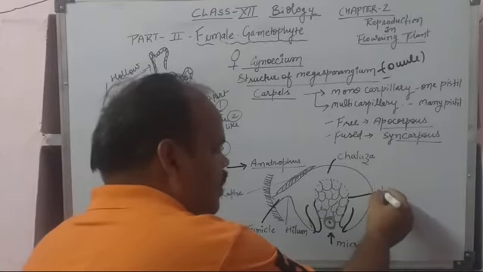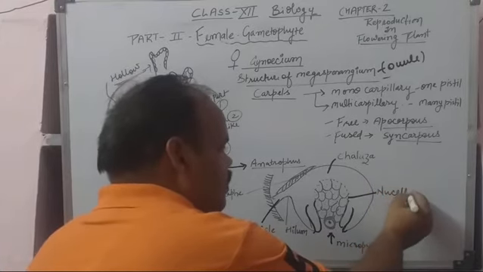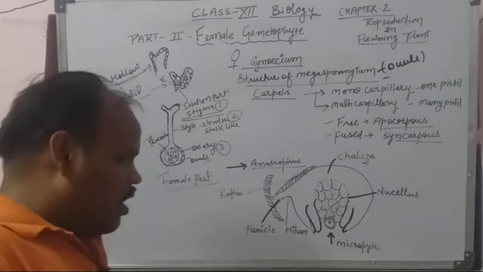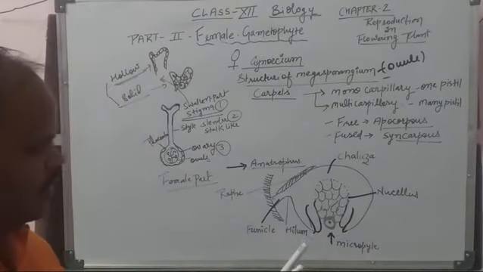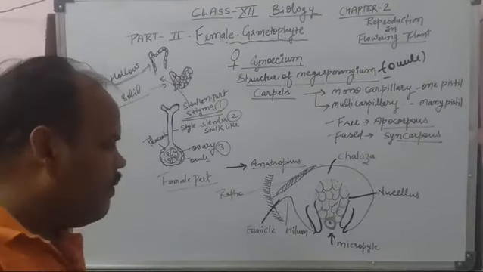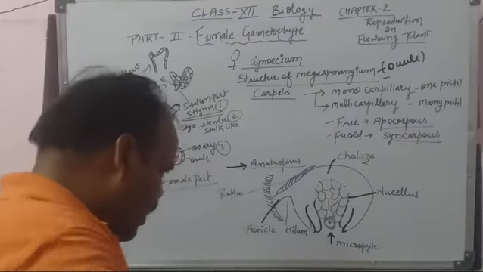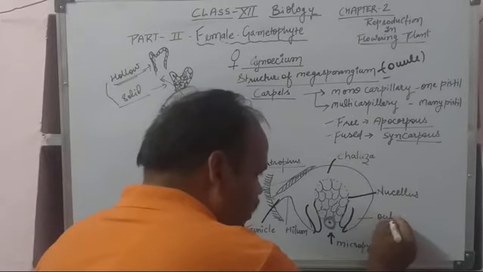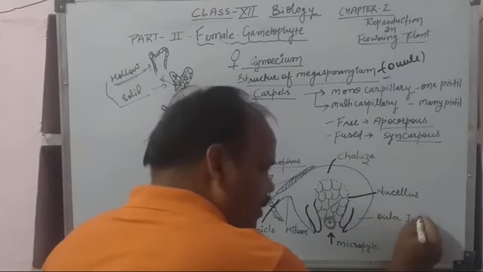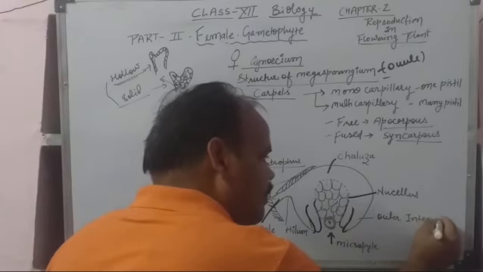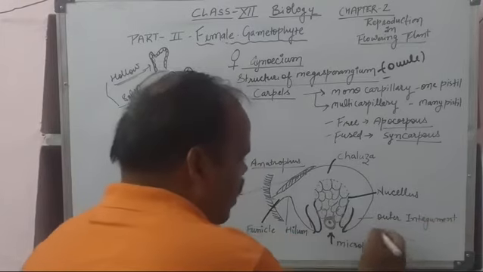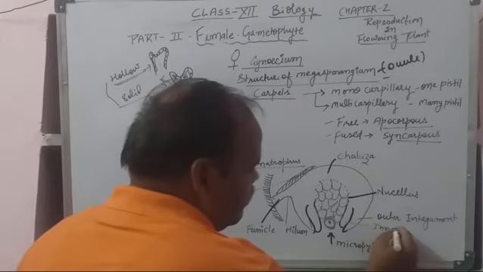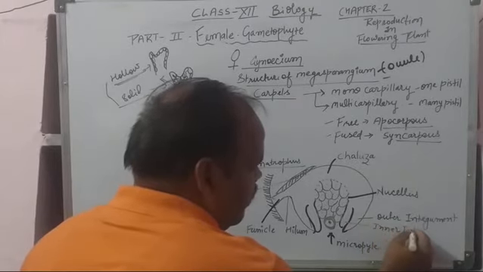All the things that are covered by the layers are called integument. It is the outer integument and it is the inner integument.